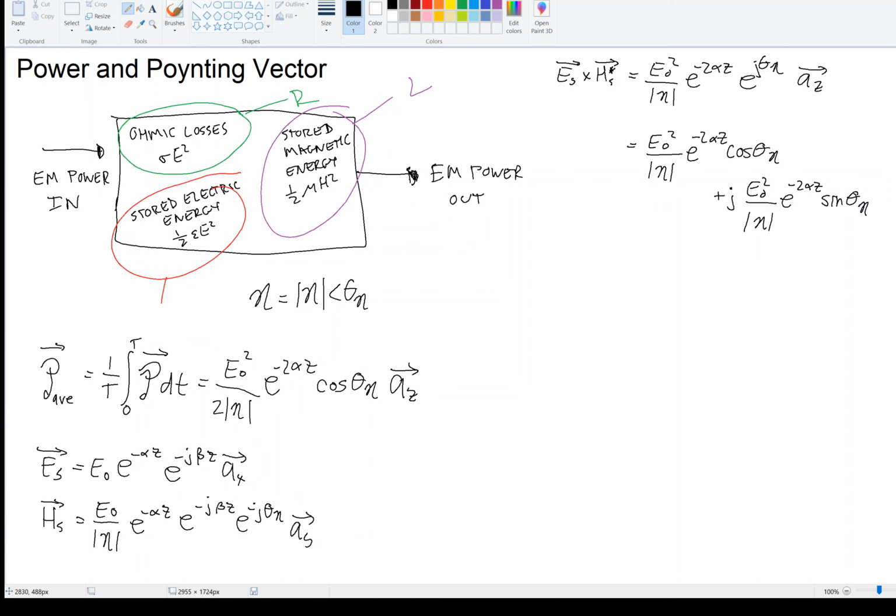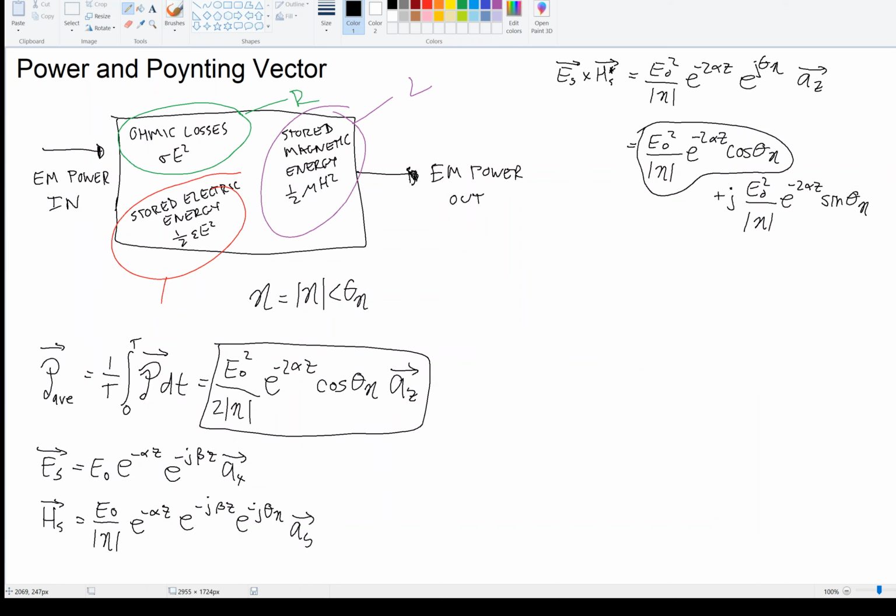So remember, this was my average power that I wanted to relate to the electric part and the magnetic part, and I see it right there. It's off by a factor of 1/2.